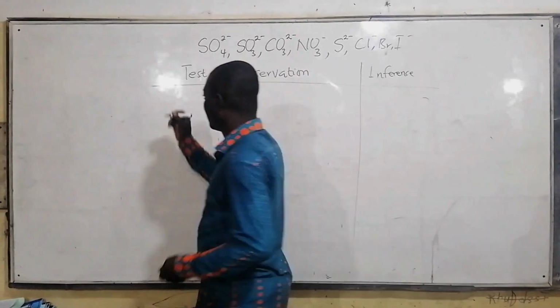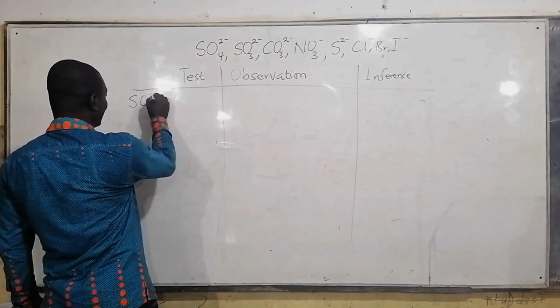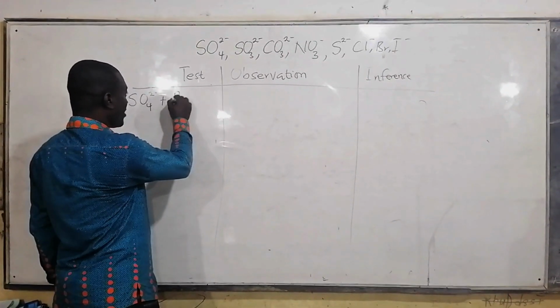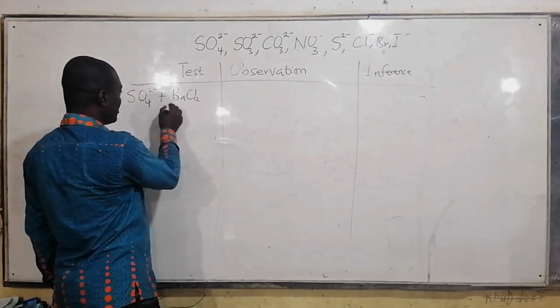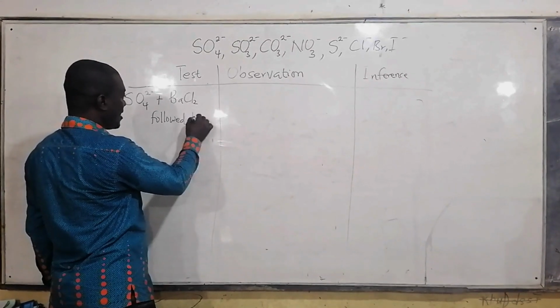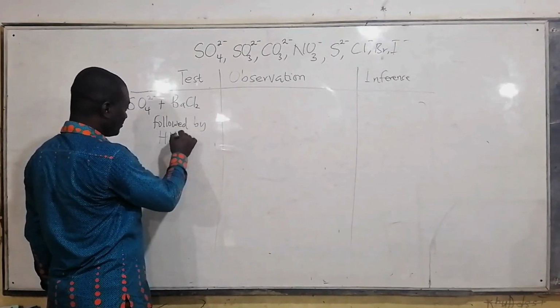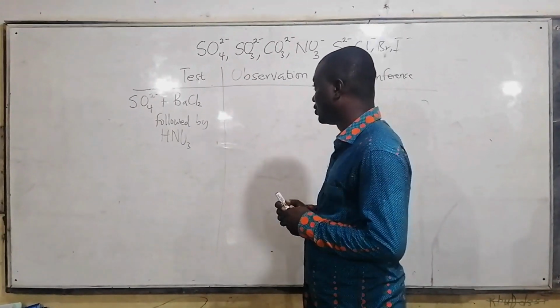This is what happens. Barium chloride is added to SO4 2 minus, followed by dilute HNO3. And this is the expected observation.